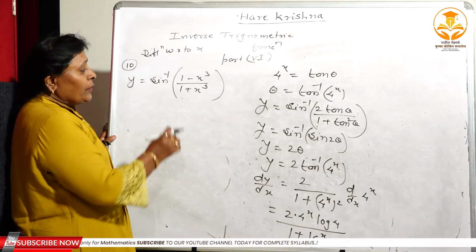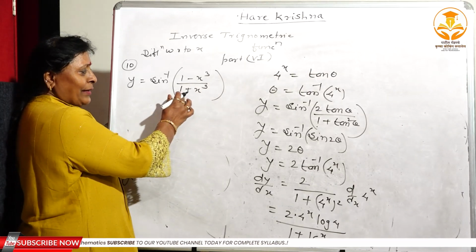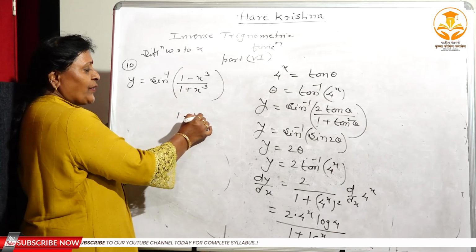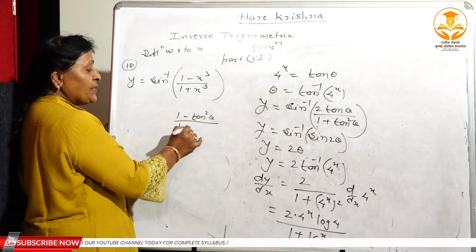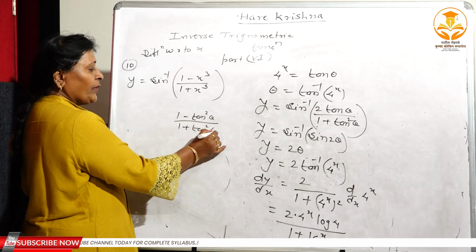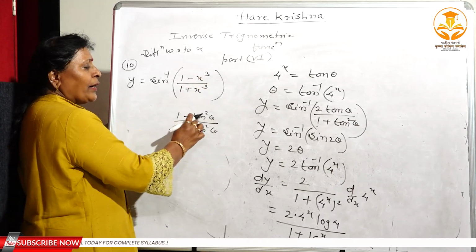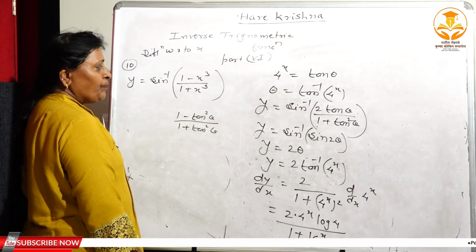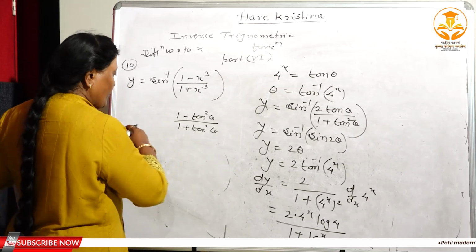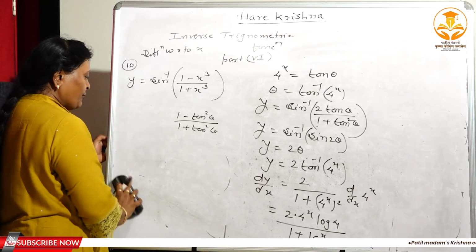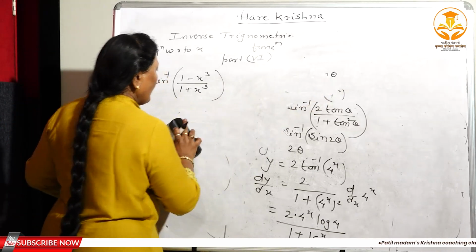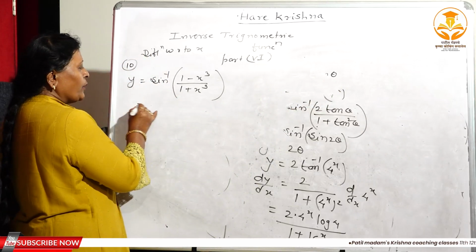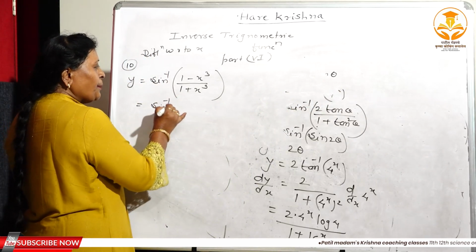It is like 1 minus tan square theta divided by 1 plus tan square theta. But x cube you can't substitute as tan square theta, isn't it? Because you want the value of that here. Therefore, you can make such a simple adjustment.